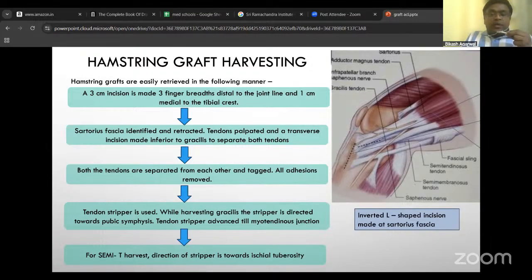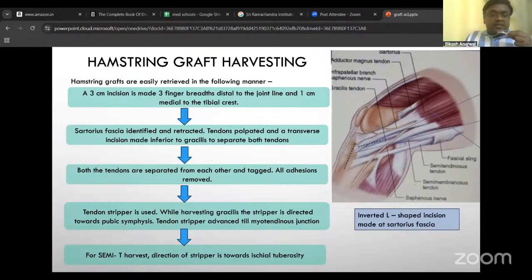This is very important because this semitendinosus is said to have a lot of adhesions and branching. If these branches are not cut, then when we introduce a tendon stripper, it might go along one of the branches, and we might end up getting a very small graft.